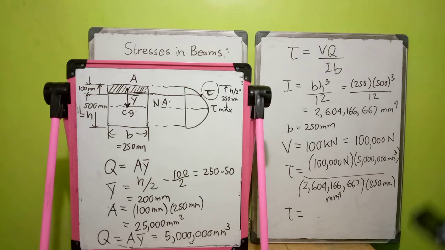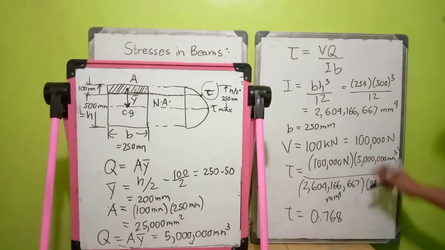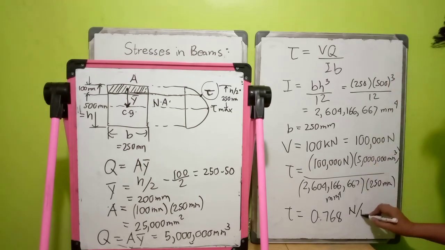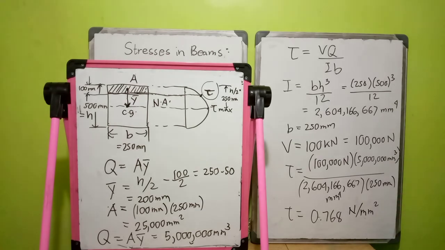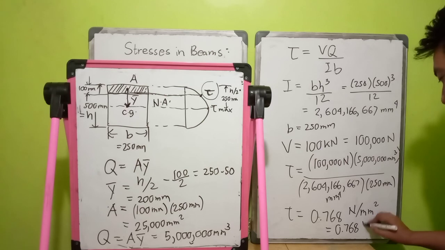So if my computations are correct, we get 0.768 Newton per mm squared, or 0.768 megapascals.